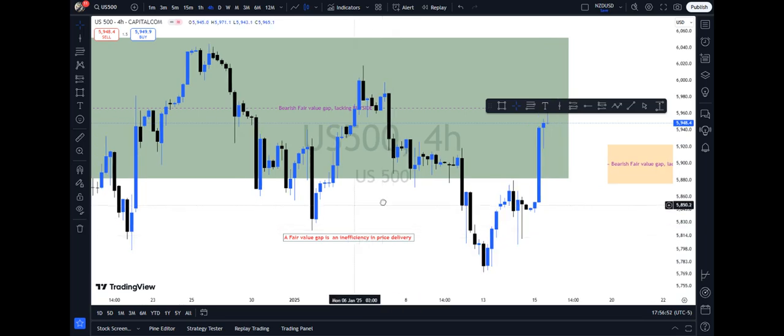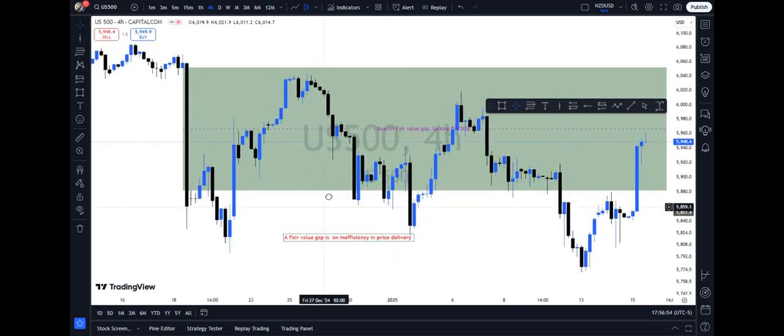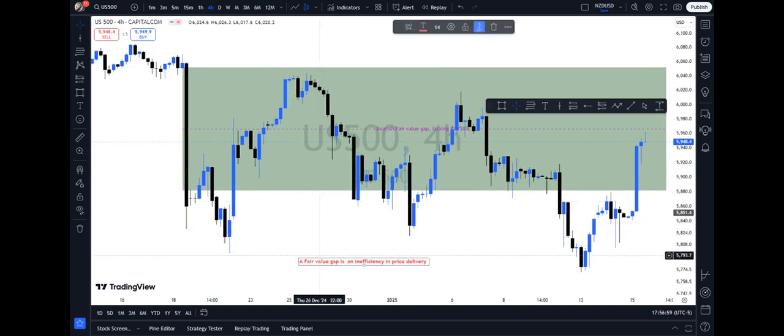Another example of a fair value gap is the high of this blue candle and the low of this black candle. It's another fair value gap. Price left us with this inefficiency here, this blue candle. Can you see for yourself?